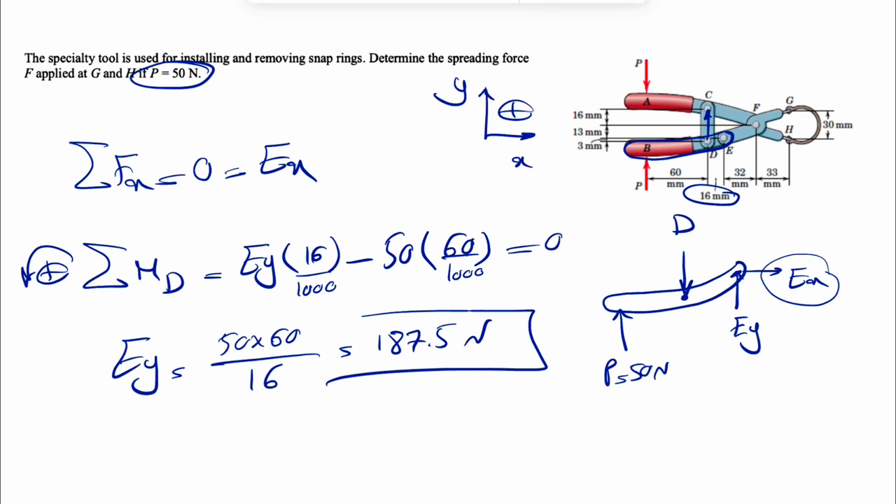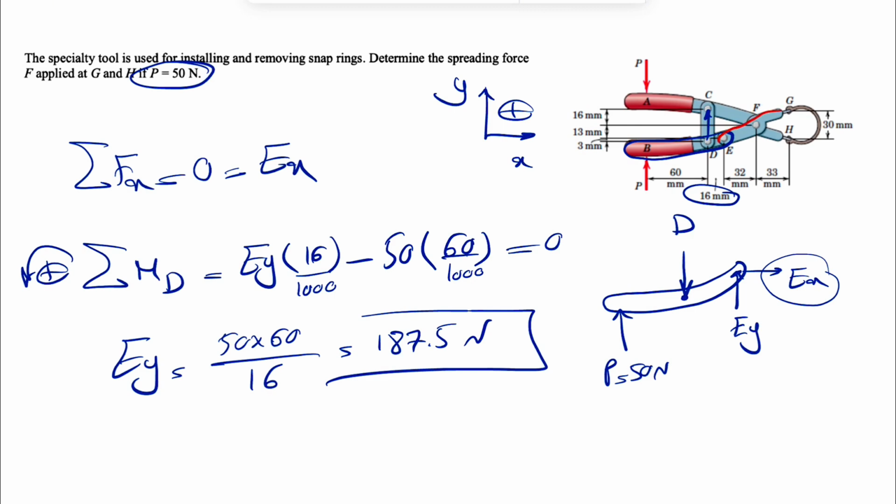What we care about now is moving on to the second member in order to find the force at G and H. It's basically the force that is applying from the ring to points G and H of these two.